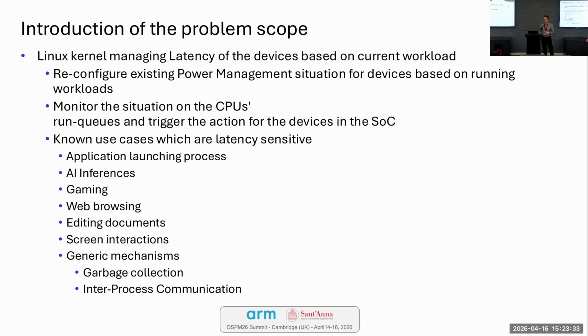Yes? Just one question to be sure. In your first line, you say managing latency of device based on workload. Yes. The latency for the CPU, at the CPU level, I mean. Basically, any device. Yes, let me clarify that. The device would be a CPU, but also it can be the L3 level cache, which I will show you on the next slides, or a bus, or even the latency of the L3 as a subpart of your CPU.